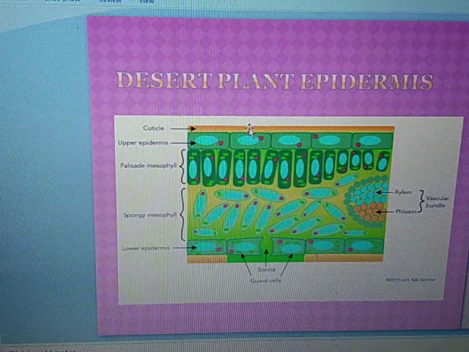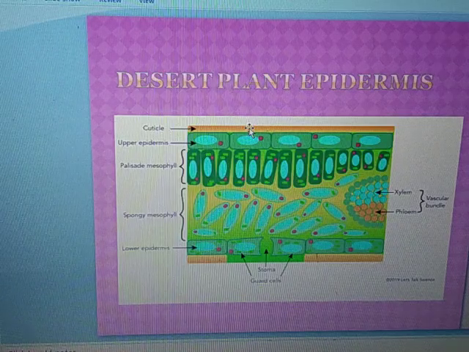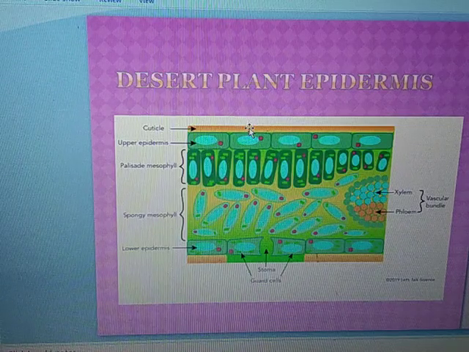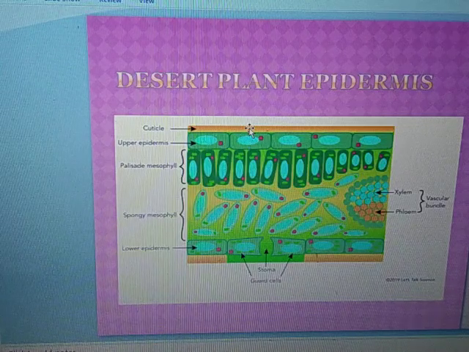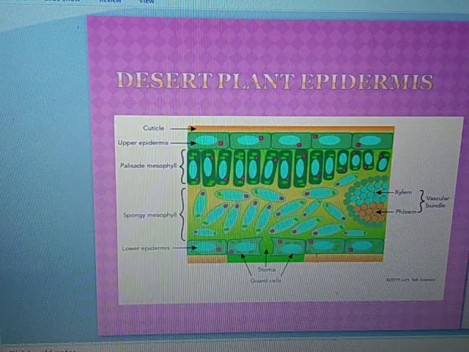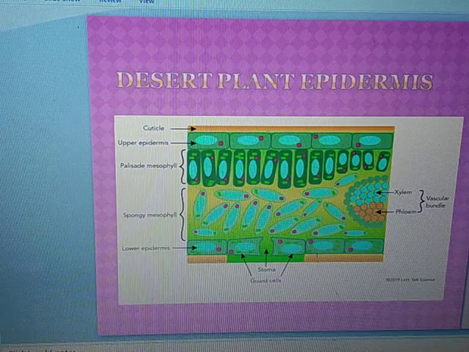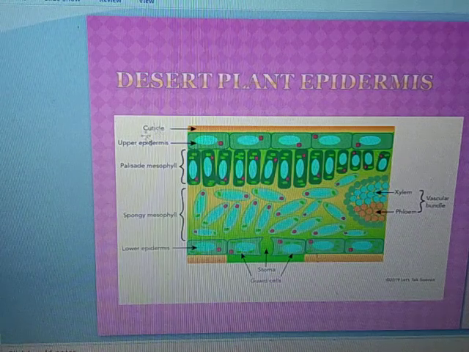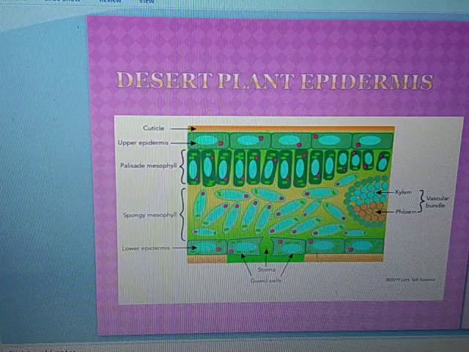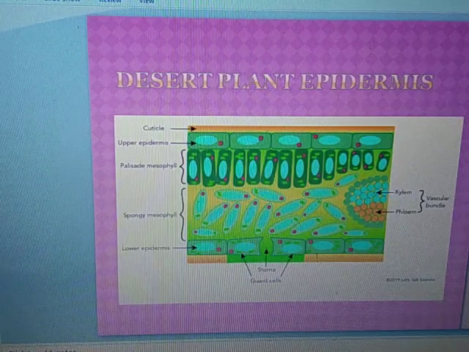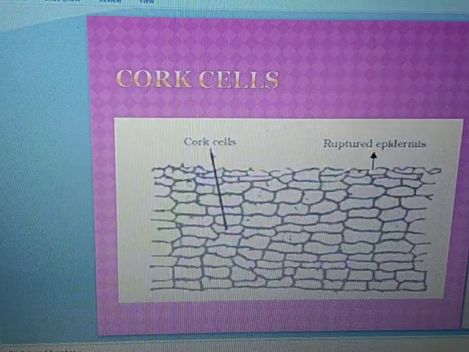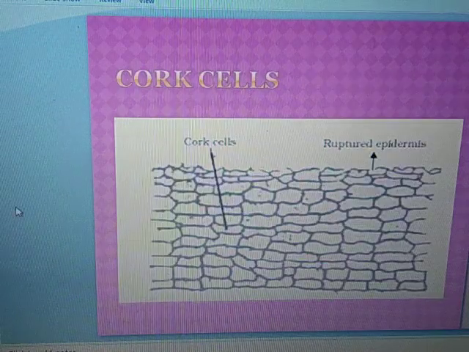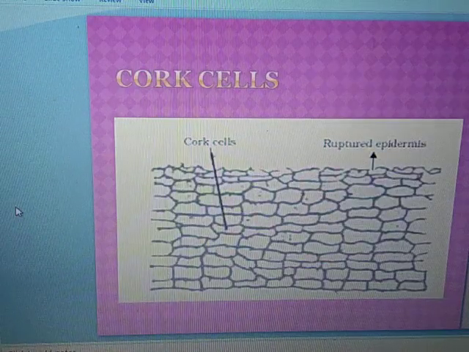In older plants, the epidermis is replaced by secondary meristem and is cut off. In those old plants, the epidermis is cut off by the secondary meristem, and it forms another type of cell called cork cells.